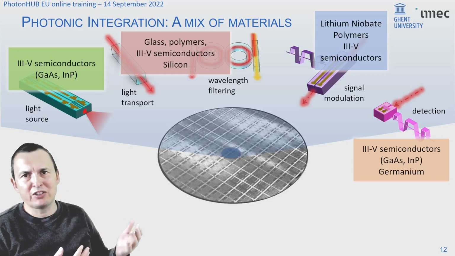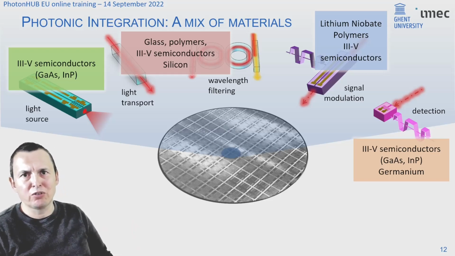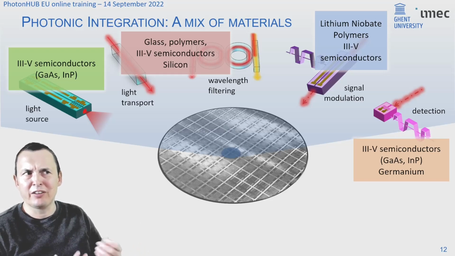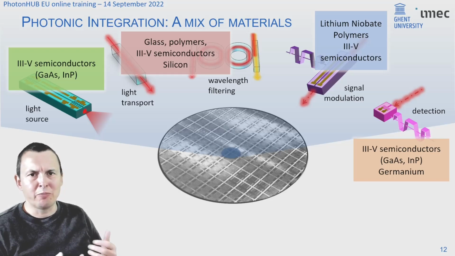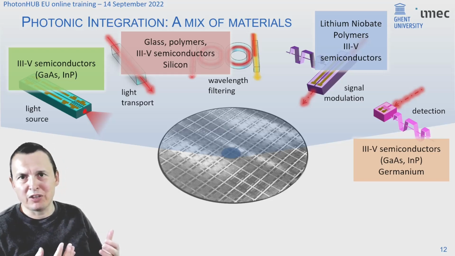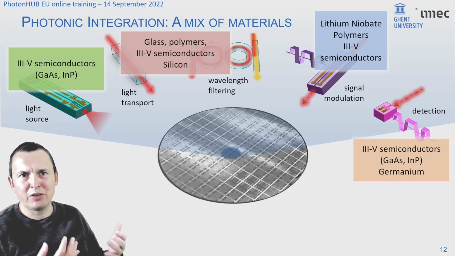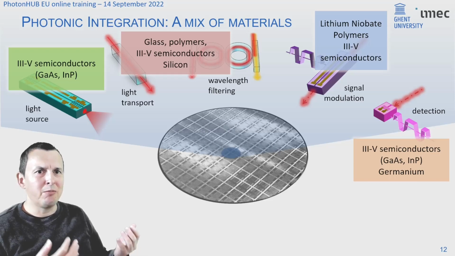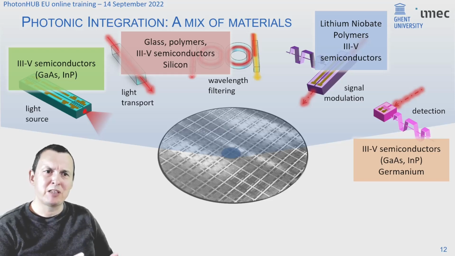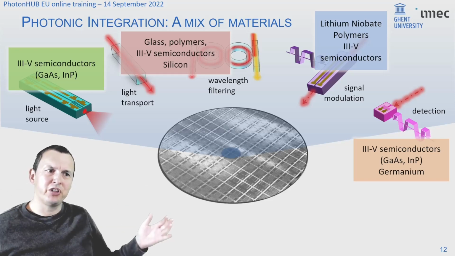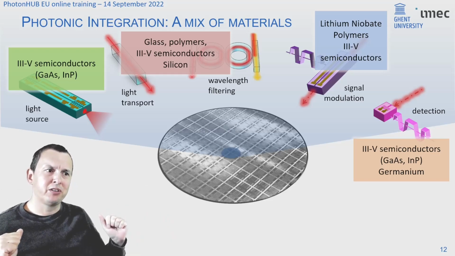For modulators, you need an electro-optic material, so you're looking at materials like lithium niobate. And for detectors, you need materials that are absorbing light. So typically it's not the same material that you use for a waveguide, where it needs to be transparent. So if you want to build a photonic system out of the best materials, you see that it's a very heterogeneous bunch of materials.